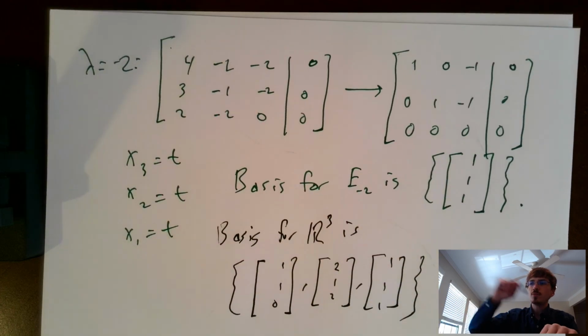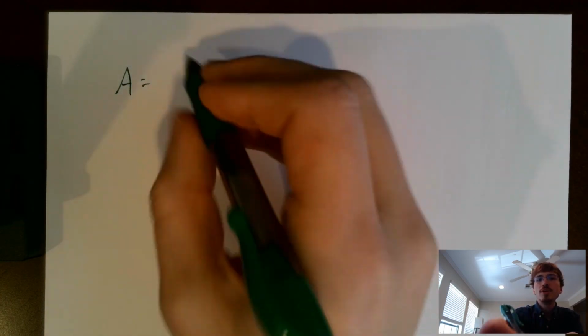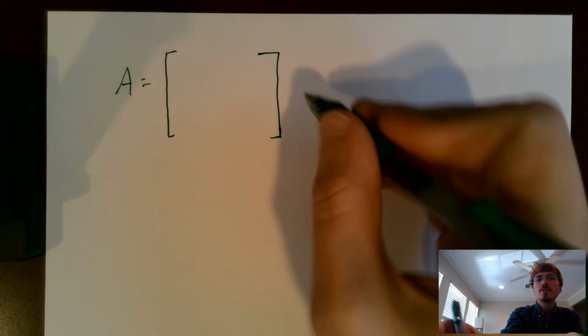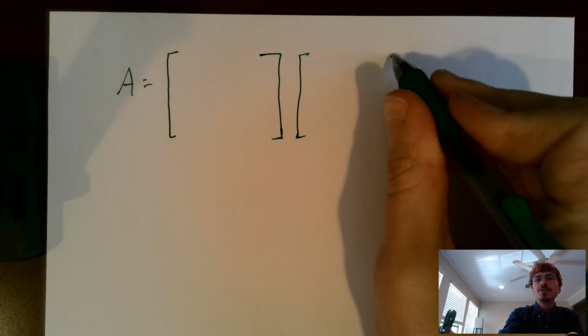So with this, we have everything that we need to diagonalize our matrix. So let's do it. I now know that A will be equal to the product of 3 matrices, right?